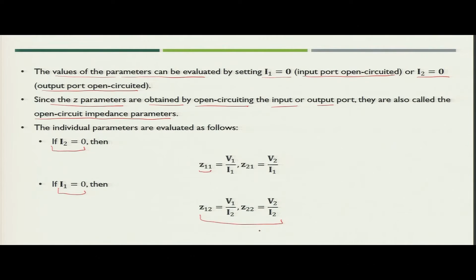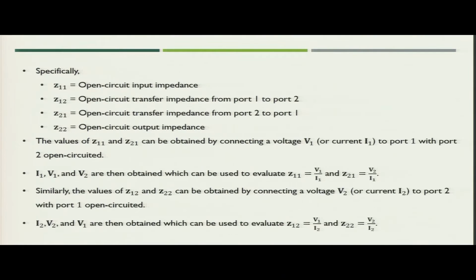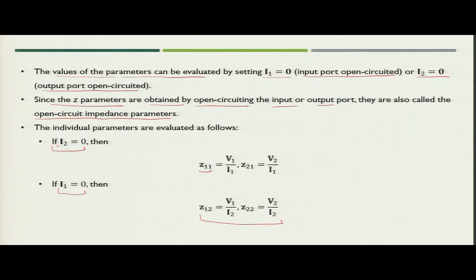So, this way you can calculate the Z parameters or impedance parameters of the network. Now, Z11 is called the open circuit input impedance, because it is calculated when you set I2 equal to 0.